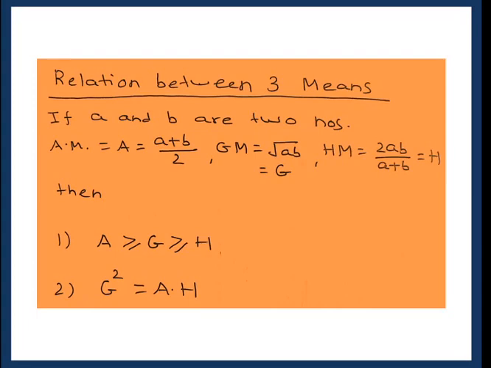First, A is greater than or equal to G, which is greater than or equal to H. Second, G square equal to AH. Can I say that G is the geometric mean between whom? Arithmetic mean and harmonic mean. Now if two numbers A and B are equal, then only A will be equal to G will be equal to H. But otherwise, if A and B are not equal, then the arithmetic mean is the greatest.